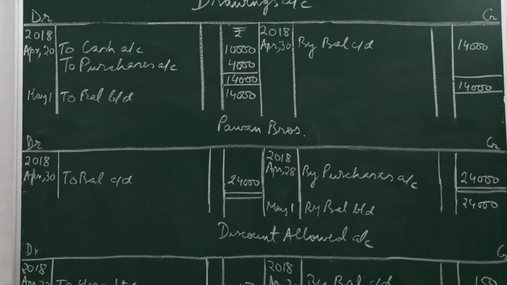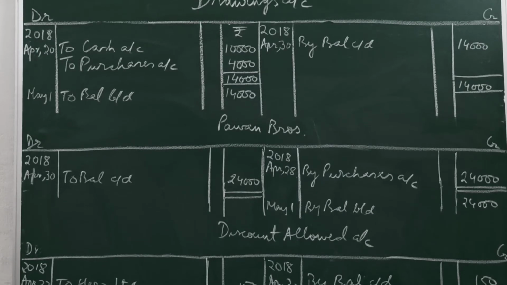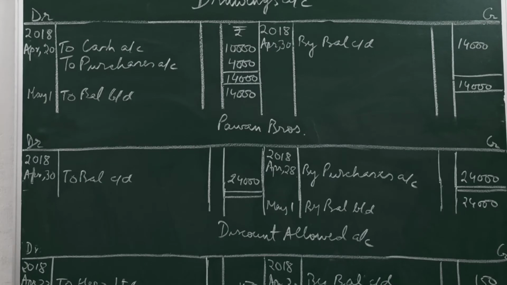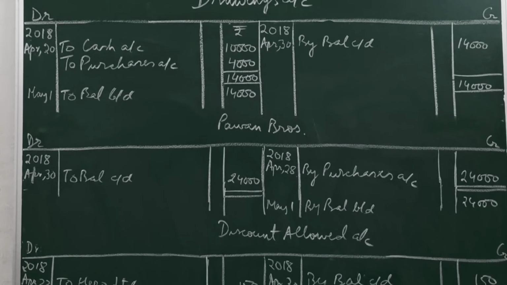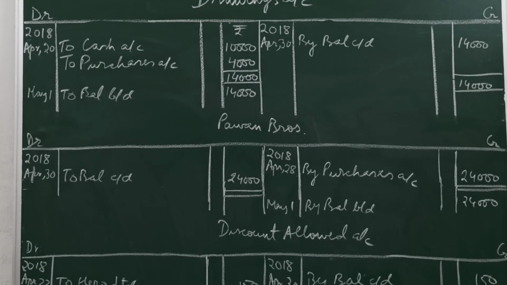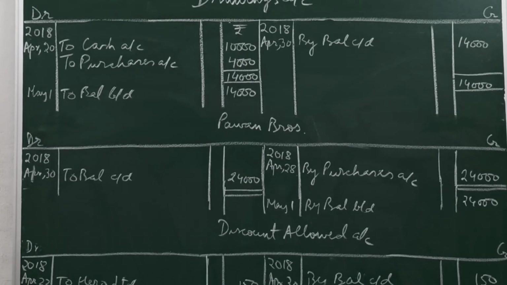Continuing with the next ledger account, we have drawings account. On 20th there was cash and goods withdrawn for personal use, so the entry was drawings account debit to cash account, to purchase account. Now drawings account is a personal account, debit the receiver, so you will post on the debit side with the respective figures to make 14,000.